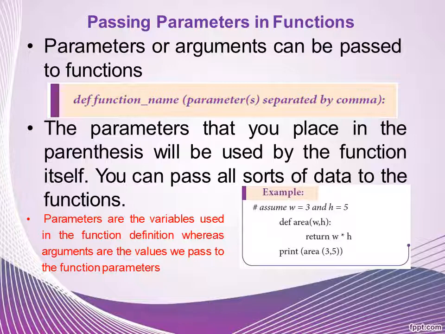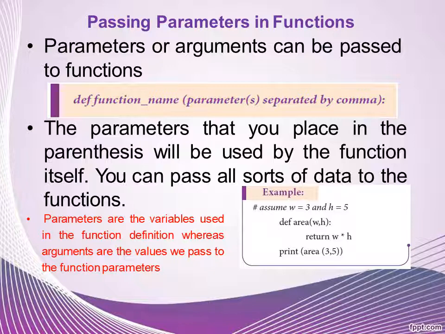Now def, and the function name we used here is area. To find an area I need width and height. So width comma height, return. See, it is going to return w comma h, because I am going to give the value inside the print function.